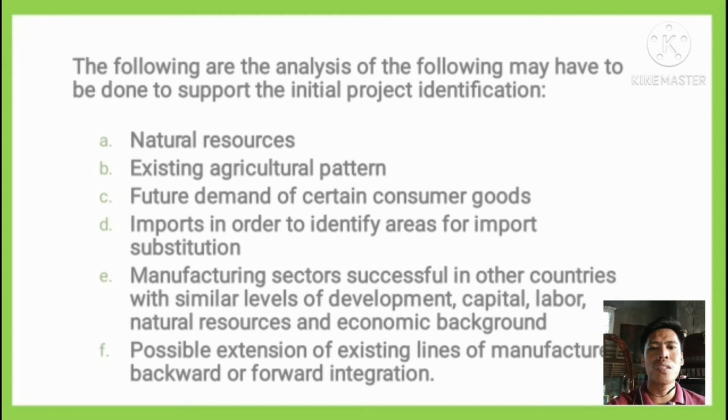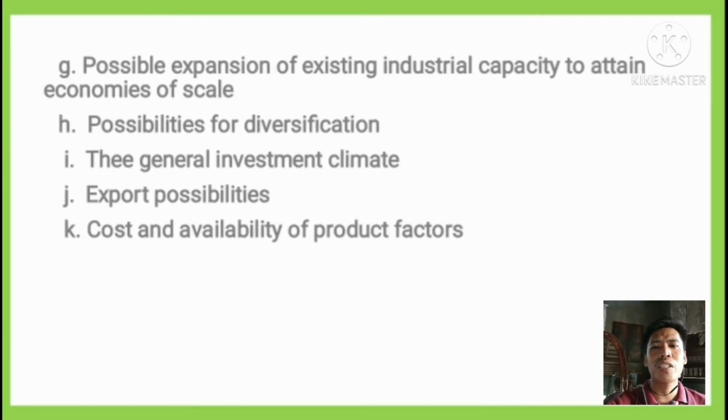Possible extension of existing lines of manufacture by backward or forward integration. Possible expansion of existing industrial capacity to attain economies of scale. Possibilities for diversification. The general investment climate, export possibility, and cost and the availability of production factors.